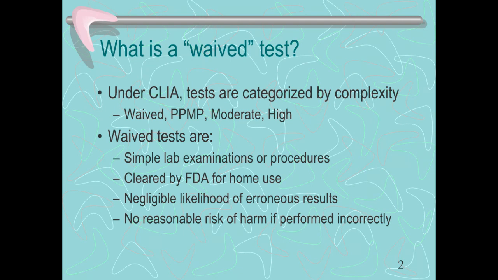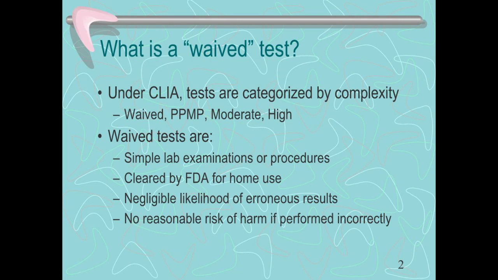A waived test, if it's done incorrectly, must not be harmful to the patient. There has to be a narrow margin of error for false results, the FDA has to say it's okay for it to be done, and it has to be a fairly simple procedure. As we talk about these CLIA waived tests, you're going to see that they're pretty simple.